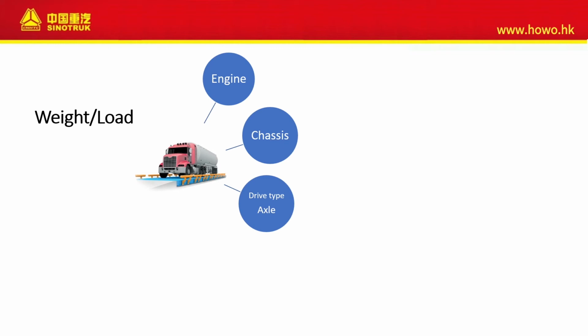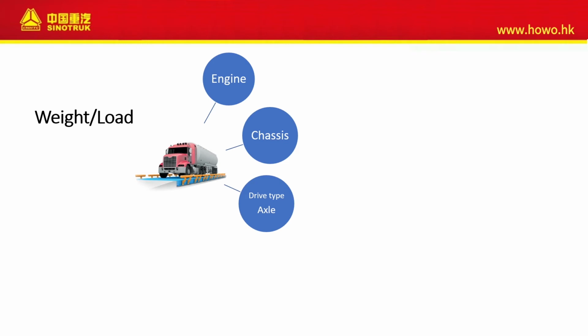One of the most important factors is the weight or load of the truck you plan to buy, because how many tons you want to use the truck to transport will mainly determine the engine, the chassis, the axle, or even the drive type of the truck.